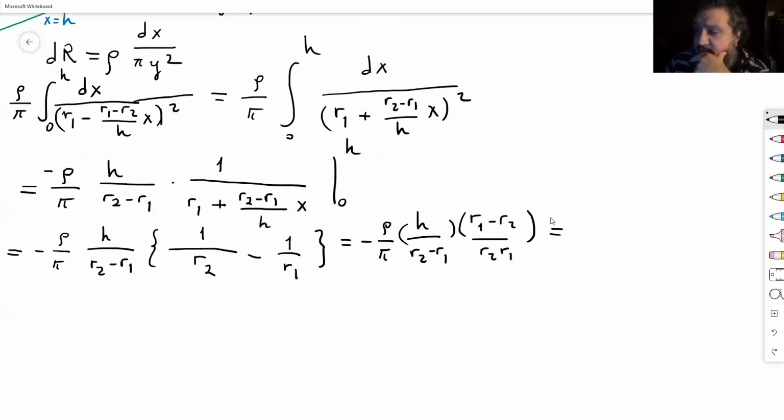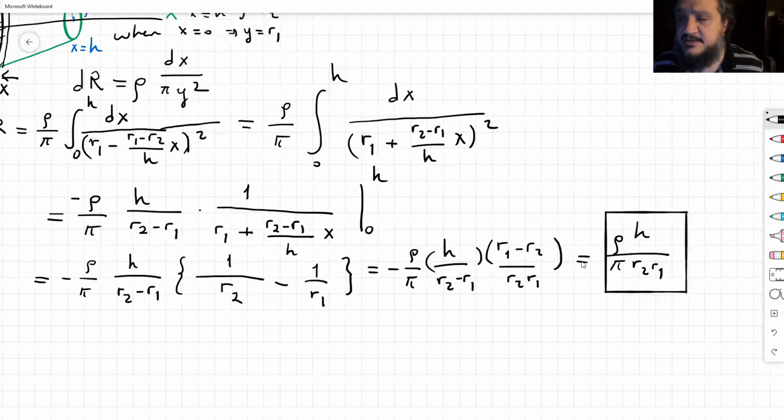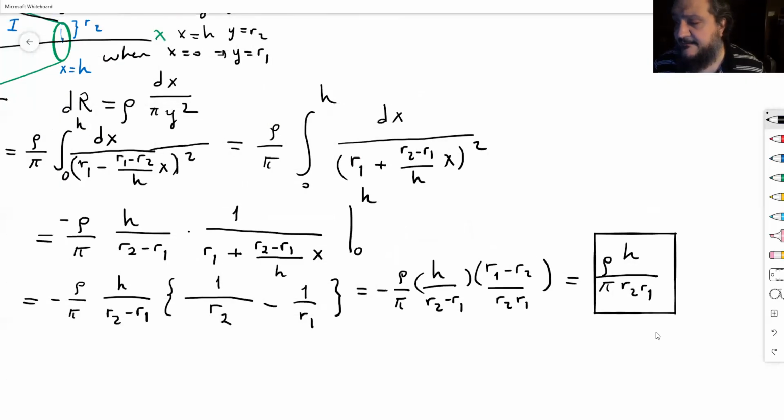So this is equal to positive rho times h divided by pi R2 R1, okay? That is your resistance of that cone shaped or cut cone, truncated cone, whatever you want to call it. That shaped conductor will have a resistance like this.